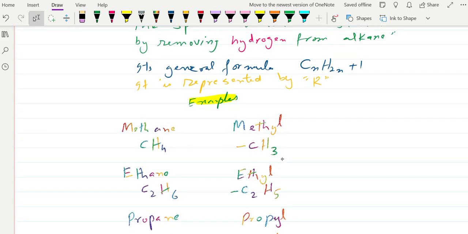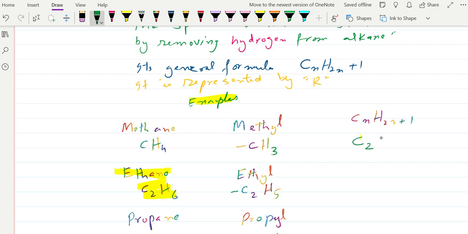You can see that if we explain through this general formula CnH2n plus 1, in the case of ethyl, there are two carbons, so n is 2, so we will put here C2.